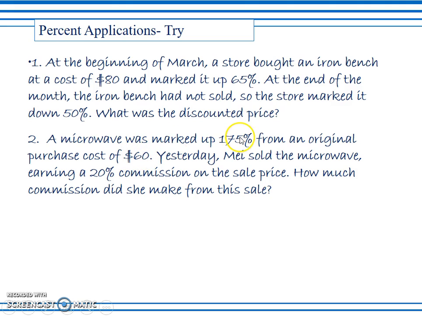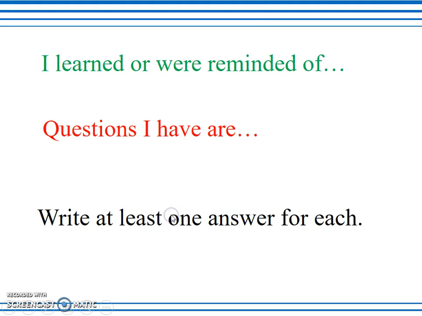That was what it was marked up. I need to add that much to the $60 to find out what they sold it for. And then when I find 20% of that, I'll know how much May made from this sale. Before you finish, tell me something that you learned or were reminded of and a question that you have.